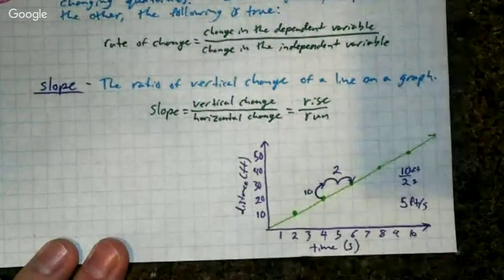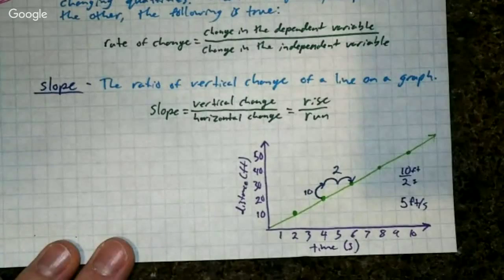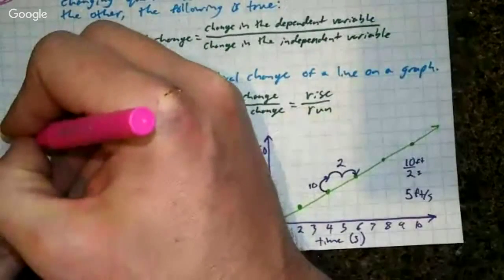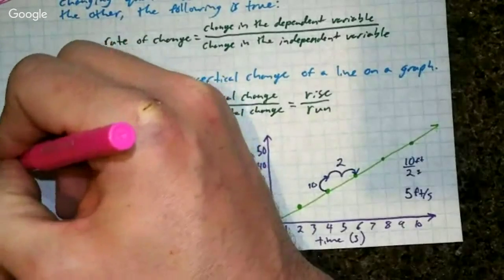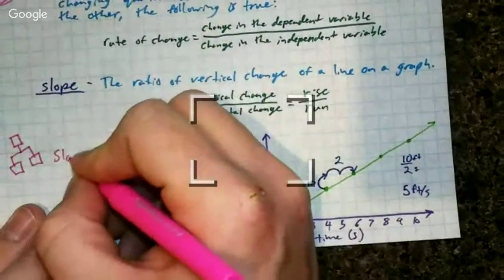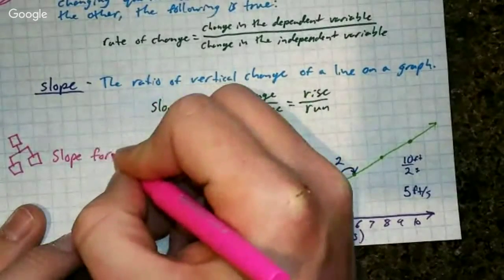Okay, and before we move on to some examples, there's one thing I want us to write down. So go ahead and put the rules icon. We're going to put down a nice thing to remember, which we call the slope formula.